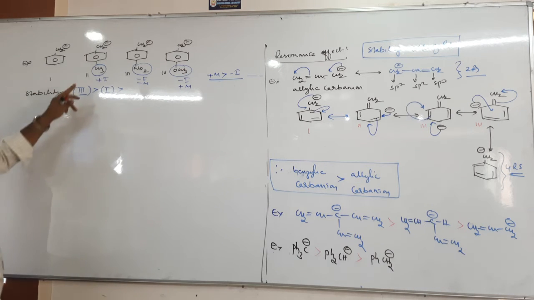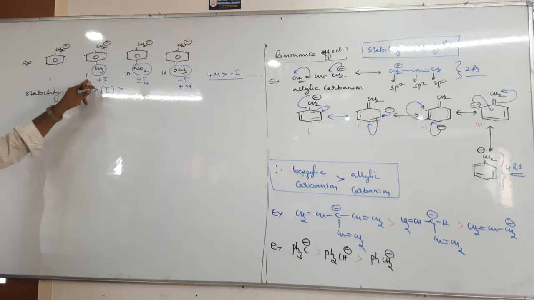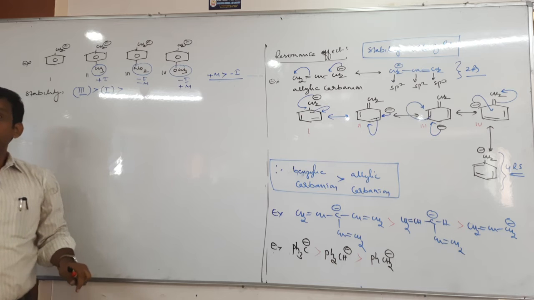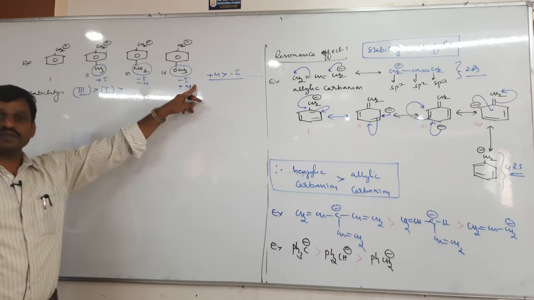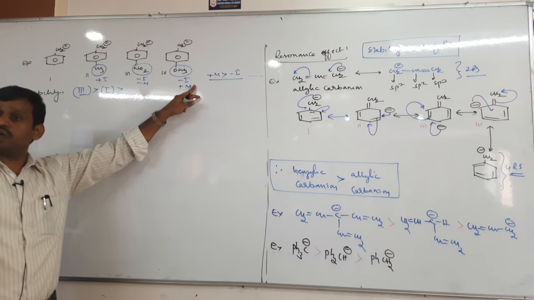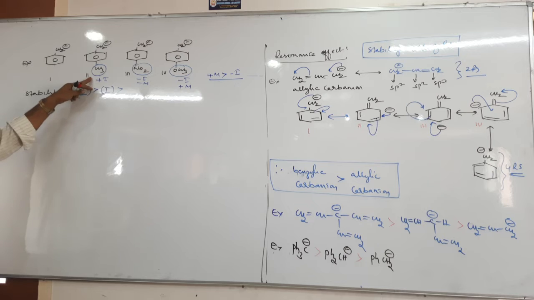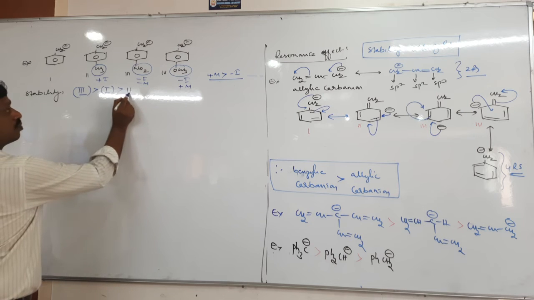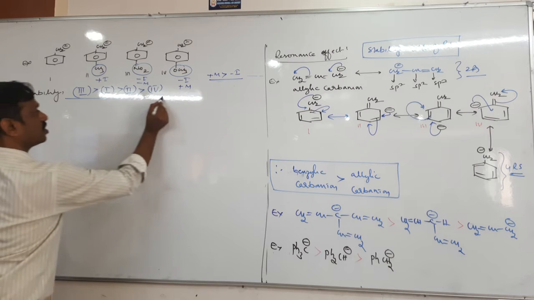Next, among second and fourth, second is also releasing and fourth is also releasing, where is the electron releasing more? Plus M effect. Methoxy releasing more means less stable, releasing less, more stable. Therefore, second is more stable than fourth. This is the order of stability.